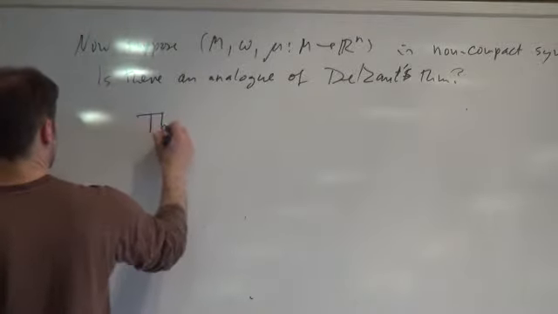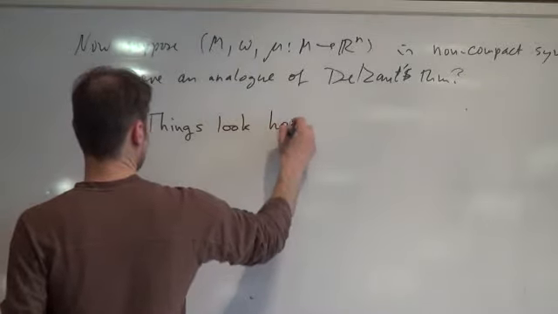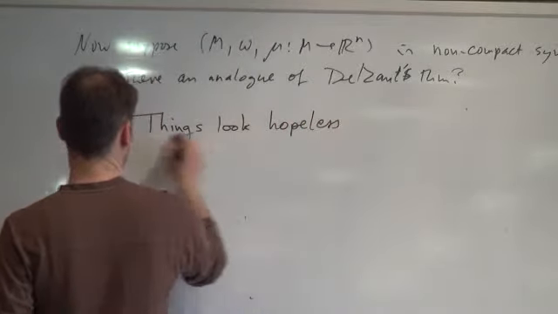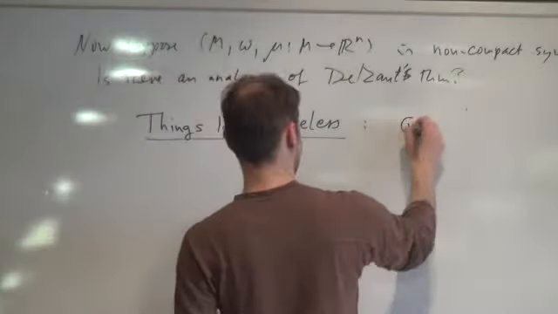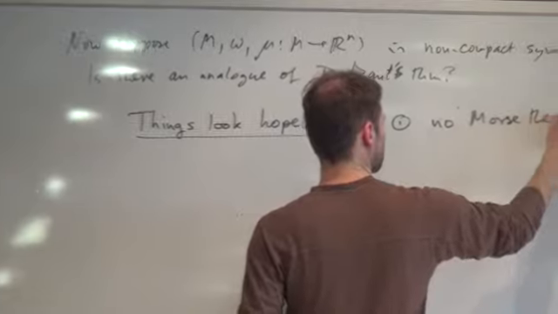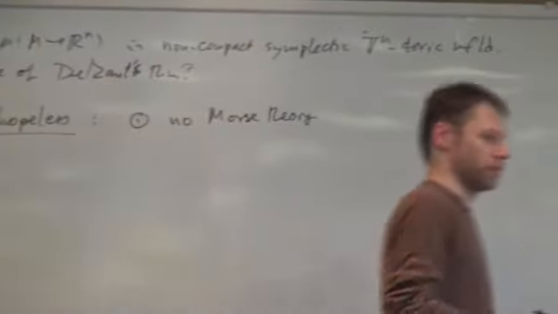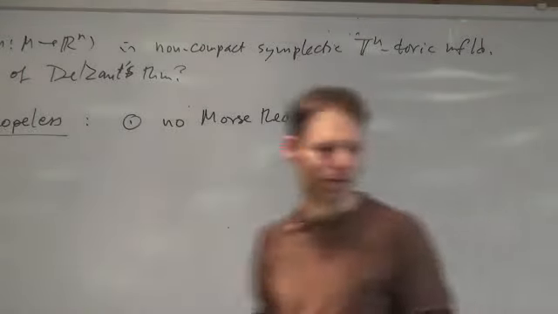Well, let me just say that things really look hopeless. First of all, no Morse theory. Well, no conventional Morse theory. Maybe you could play around with Conley indices, but I haven't seen anybody try.